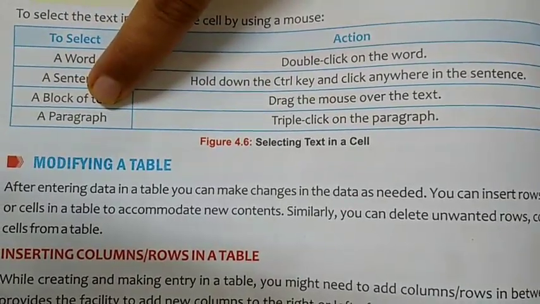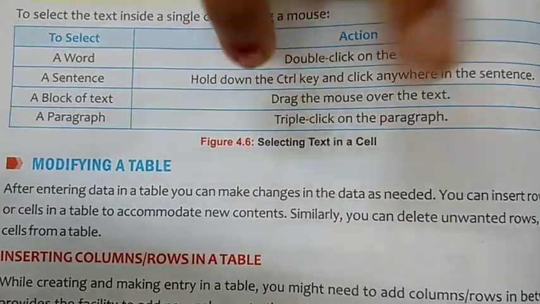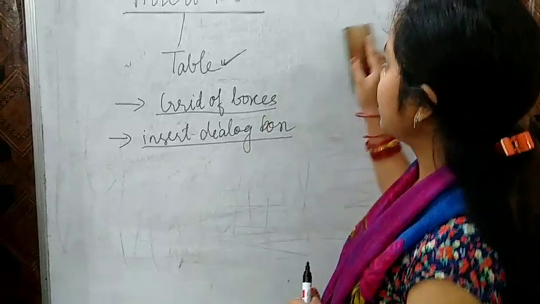If you have to select a paragraph, you will triple click on the paragraph. 3 times you have to click on the paragraph, then you can select a whole paragraph. So like this you can select anything inside the table, and any text or letters also. Now this much you have understood.